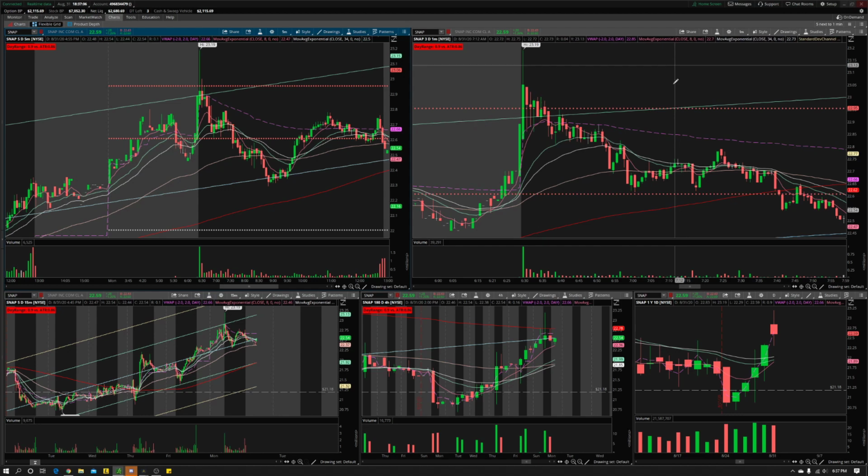But one thing to realize, and I didn't realize this when I first started trading, was that most brokers are set up with FIFO, first in, first out. So if I buy 100 shares of Snap at $22, and then I buy 100 shares at $23, and I have 200 shares, I sell 100, I'm at 25, then I made 400 bucks.